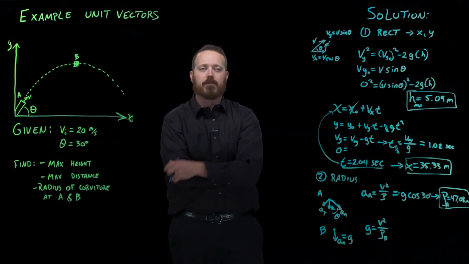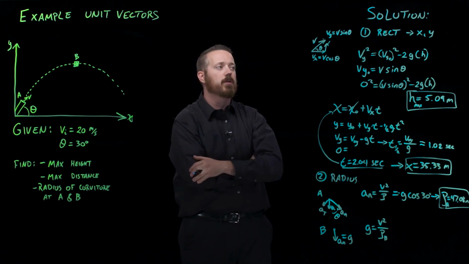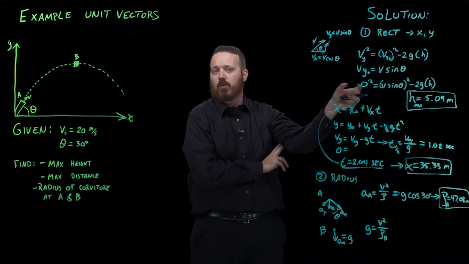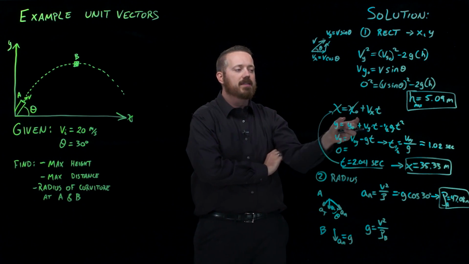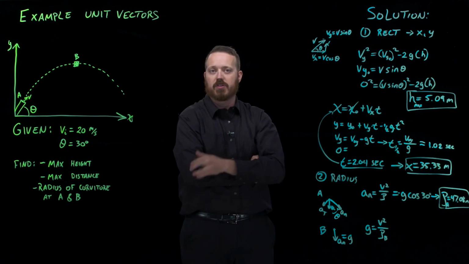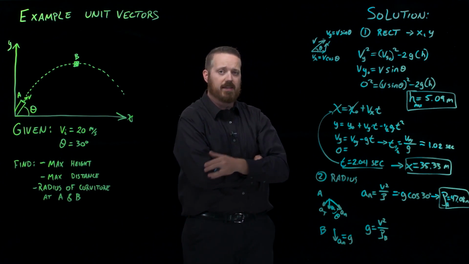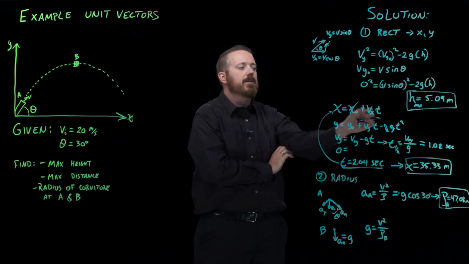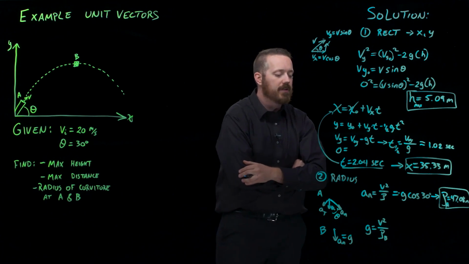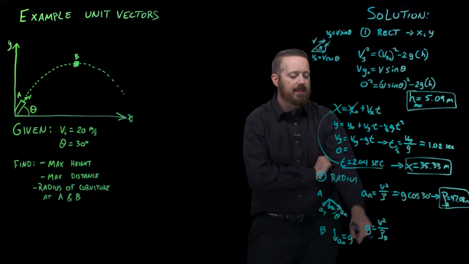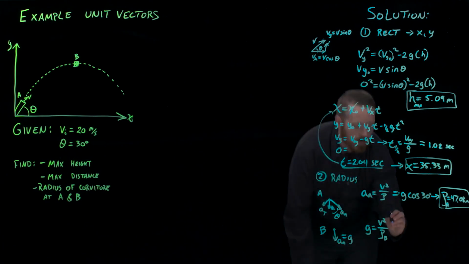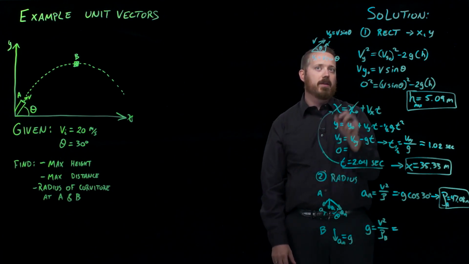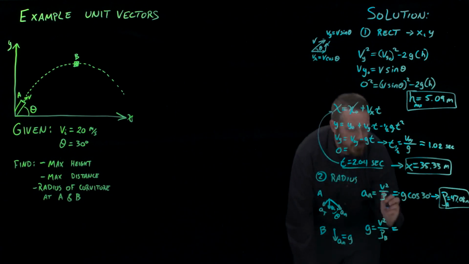Well, we know that from our rectangular components, when we talked about this at the height here, that there's no velocity in the y direction. And the velocity in the x direction, there's nothing to change it. So it has whatever it has from the beginning, since there's no positive or negative acceleration. Therefore, it must be the same. So therefore, our velocity at this point must be our velocity in the x direction, which we can calculate from the cosine portion.